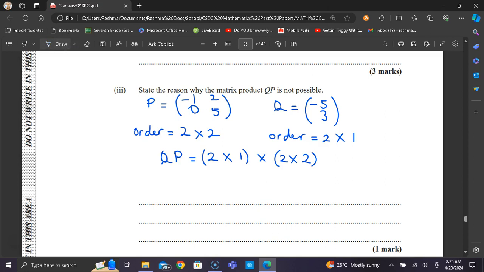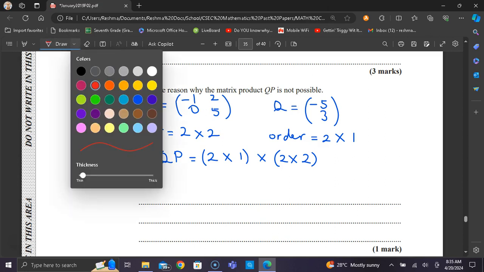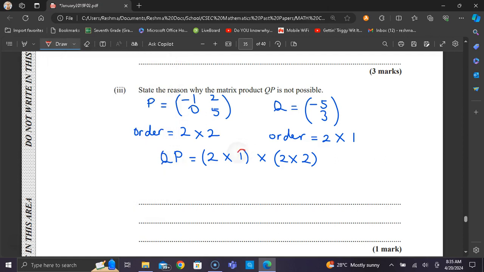So if you look at it, the number of columns in the first matrix Q is not equal to the number of rows in the second matrix P. All right, because there is 1 column in Q and 2 rows in P. So therefore, the number of columns in Q is not equal to the number of rows in P, and therefore the matrix product QP is not possible.